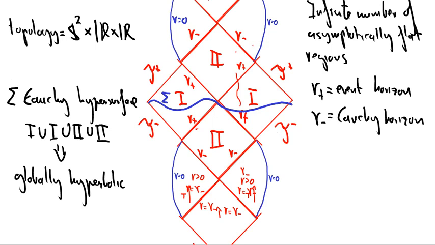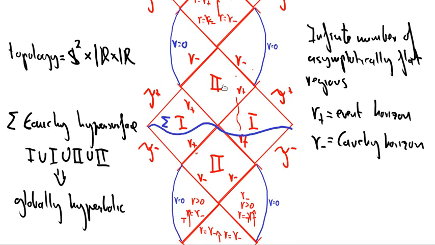The whole space-time is not globally hyperbolic. We will see in a minute why, but this subset is globally hyperbolic, and the boundary of a globally hyperbolic set is called Cauchy horizon. Here, this boundary, as we can see in the diagram, is represented by r minus up here and r minus down here.